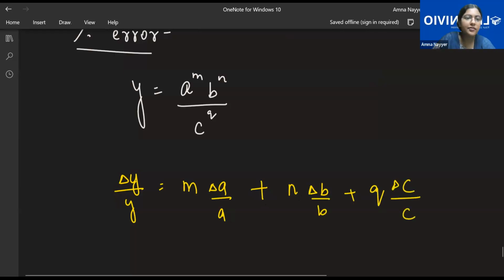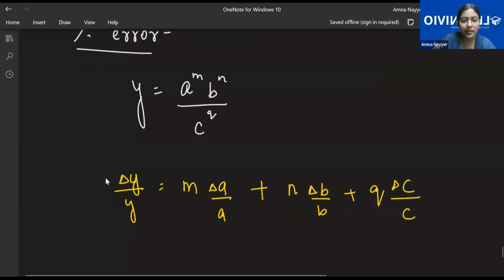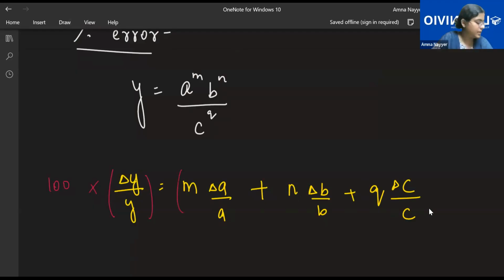Now see here, if I do one thing, Maha, on both the sides, this whole term, I multiply it to 100.